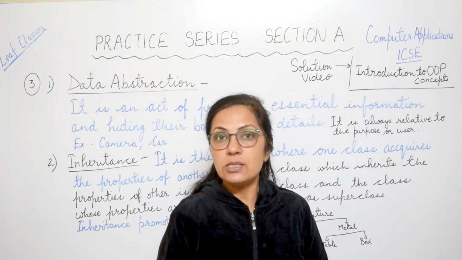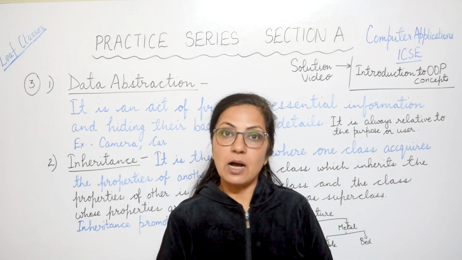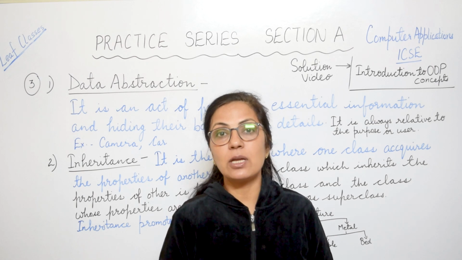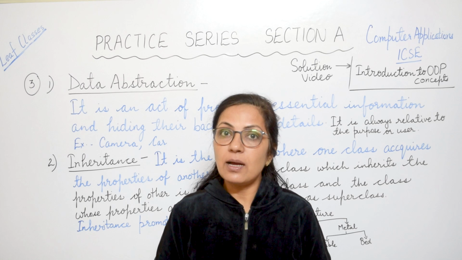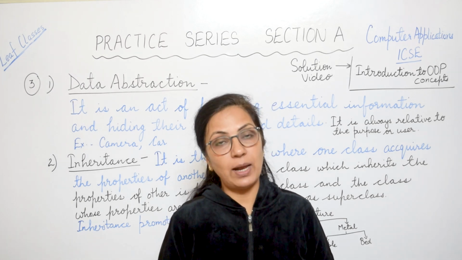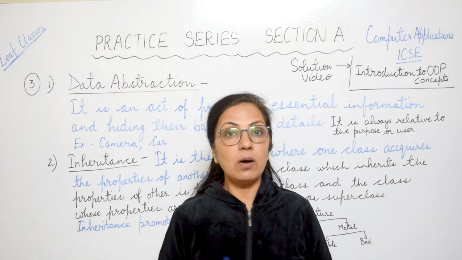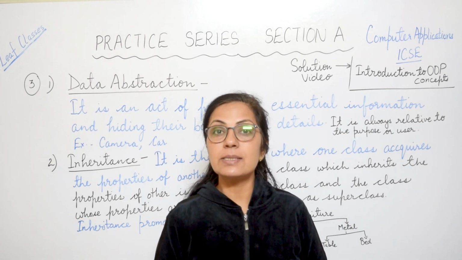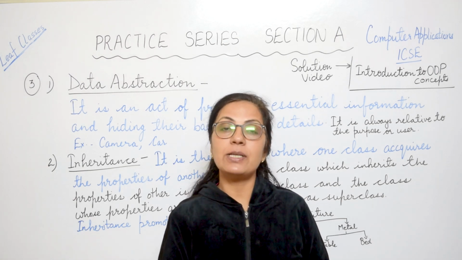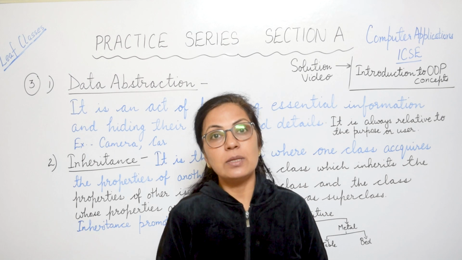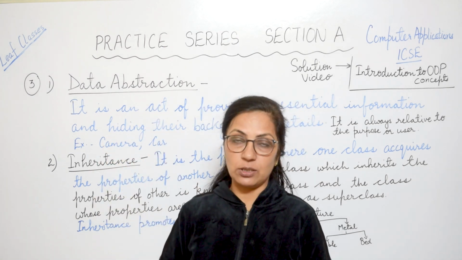For the service engineer or the mechanic of the car, where is the circuit, how all the parts are functioning properly or not, that is important. For the production company, how many cars of that model are produced, that is important. So we have seen the object is same, the object is car, but from different perspective the essential features are changing. So that feature is known as data abstraction, right?